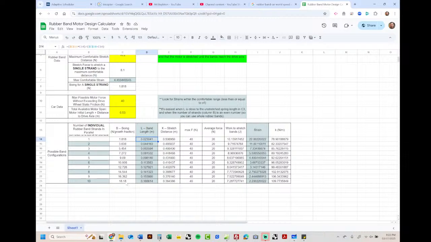And once you get down here, things like 10 strands, that'd be 5 rubber bands all together. The length to make that work would need to be 16 centimeters long. So that'd be a really bad idea. I mean, you get less energy. It's not a trivial amount of energy, but it would be a silly thing to do.